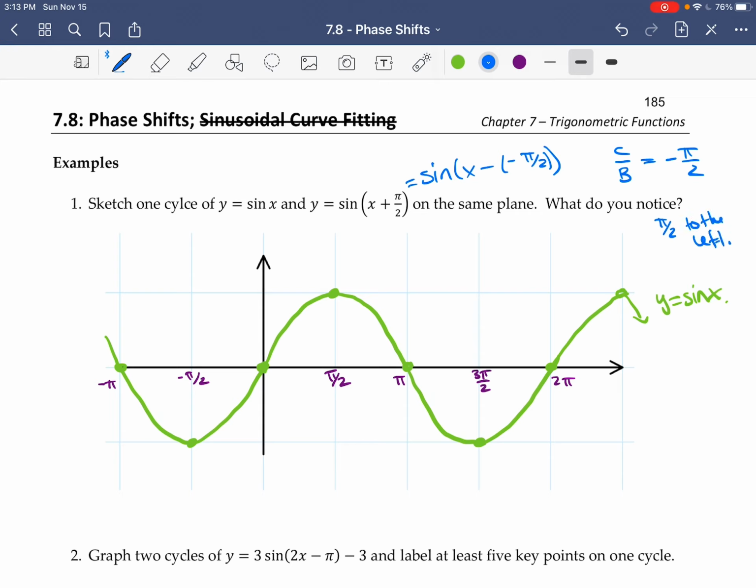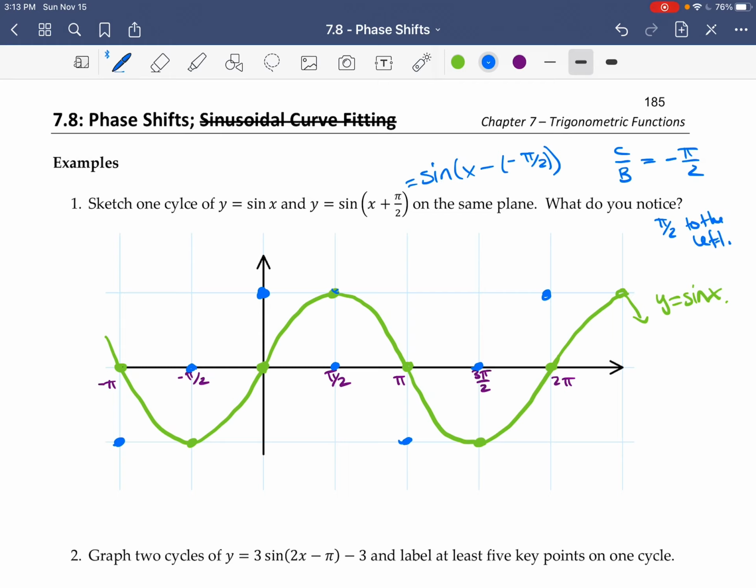Okay, so this point here, maybe I should go like that. This point here is going to move pi by 2 to the left. So it's actually going to be here. Similarly, this point is going to move pi by 2 to the left. So it's going to be here. Okay, and all of that is going to happen for all of these points. So they just are moving pi by 2 to the left.